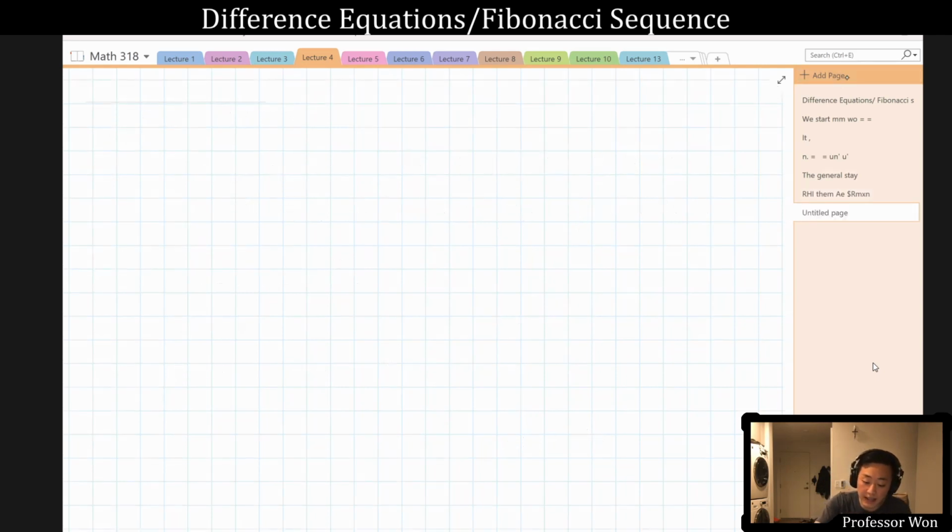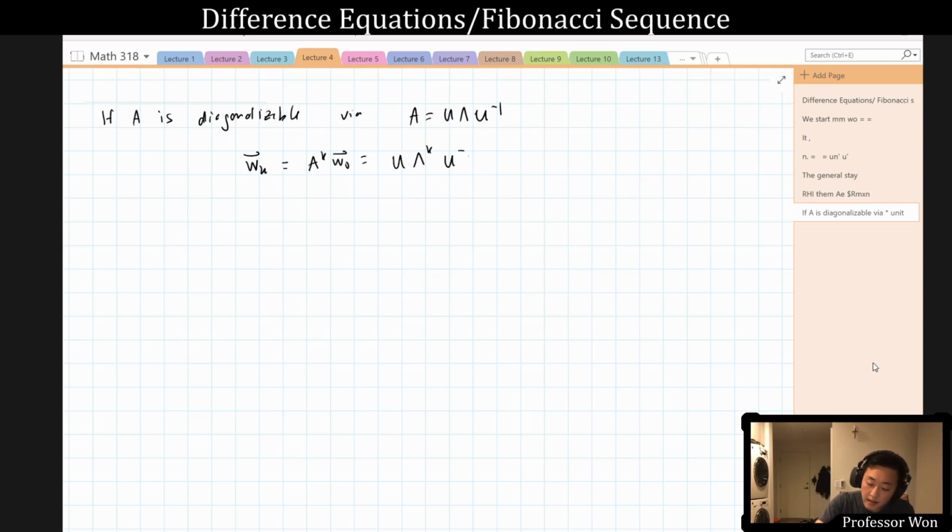Okay, what we saw is that if A is diagonalizable via A equals U lambda U inverse, then if you want to understand the kth state, you just need to diagonalize the matrix and multiply it by the initial state. Now what we're going to do is the following. Let c be U inverse w_0.